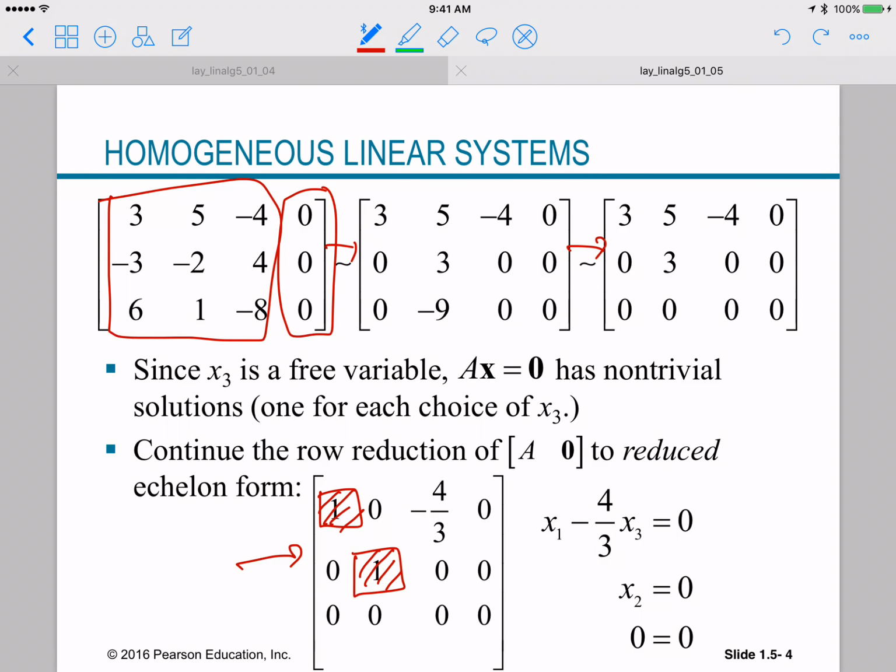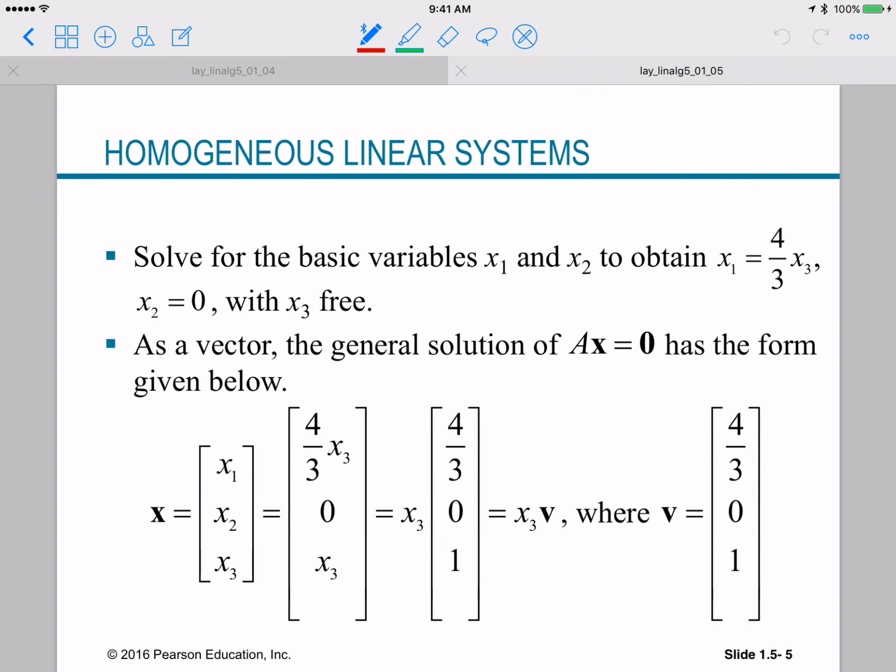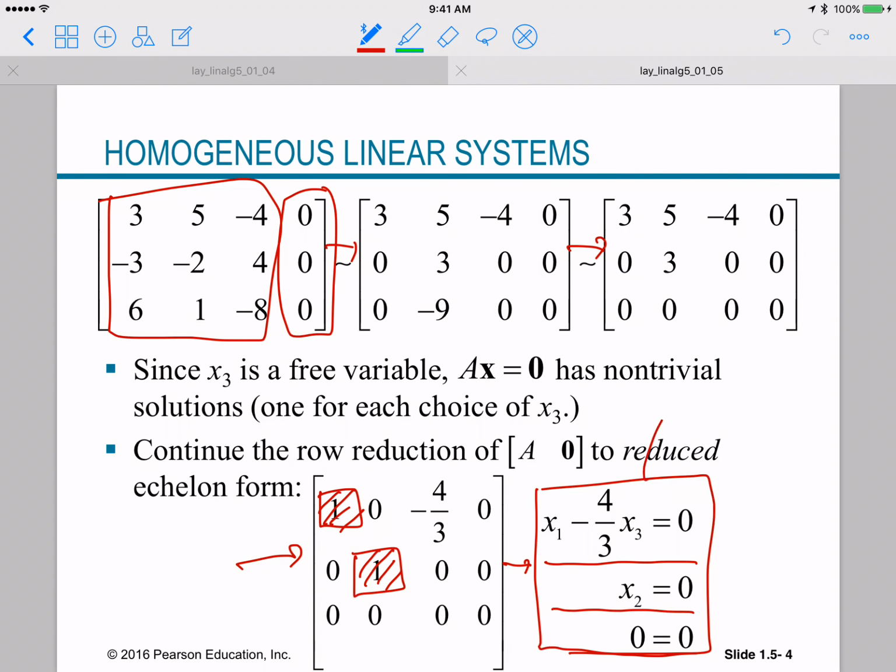Okay, and then as you did in your homework, we change it to equation form. The first equation will become this, the second equation this, and the third equation this. The next step is to represent this solution as x1.